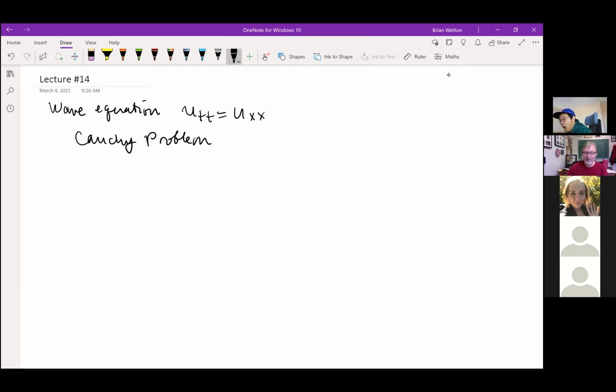So that's the problem for all space and initial conditions given. It's a second order problem, so I have to give the initial values and the time derivative initially as well. Just like second order problems from your ODE days.